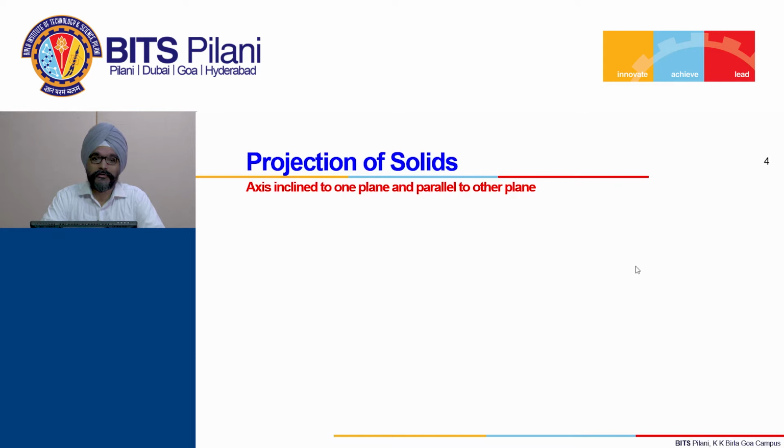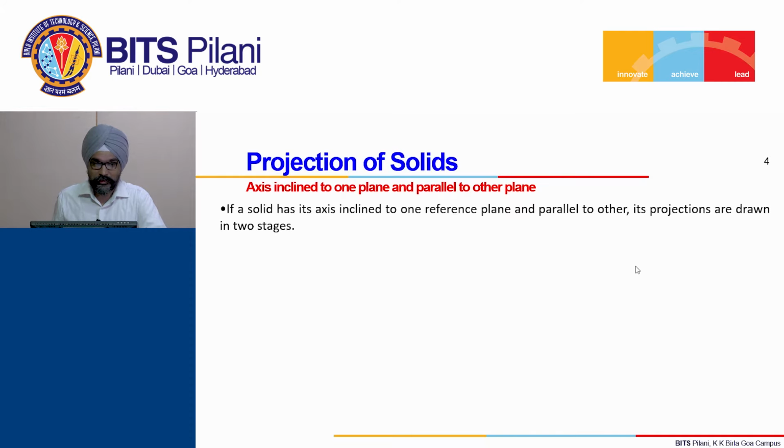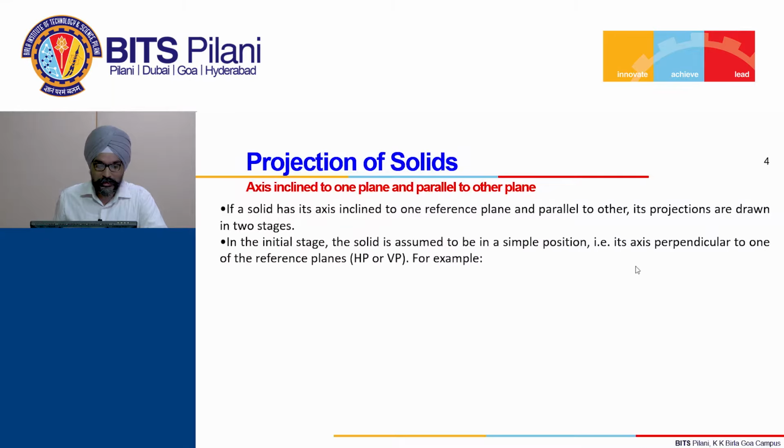Here, as you see, the axis is inclined to one plane and parallel to the other plane. That is what we have to deal with in the beginning. We may have two situations: the solid axis may be inclined to VP or the solid axis may be inclined to HP. In those cases we have to take an intermediate stage, which is called the initial stage.